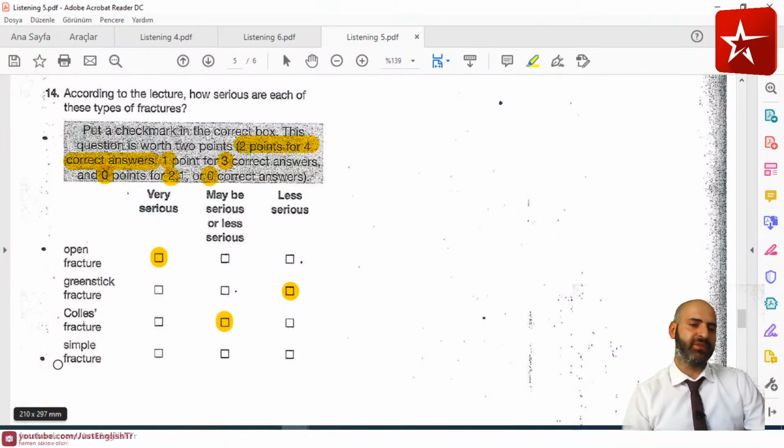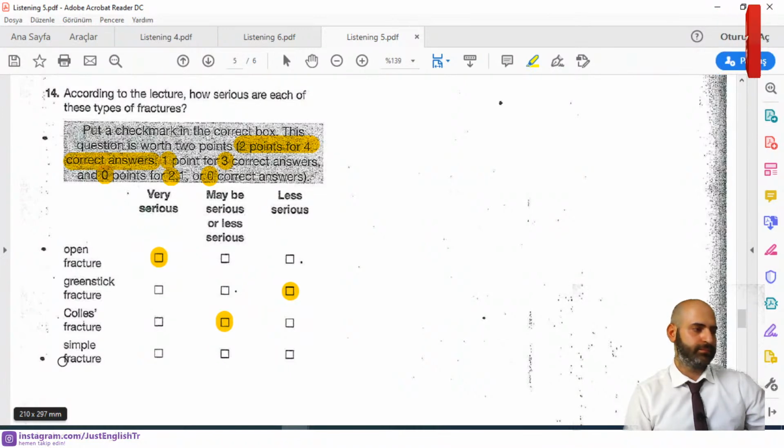And the last one, simple fracture: very serious, maybe serious or less serious.